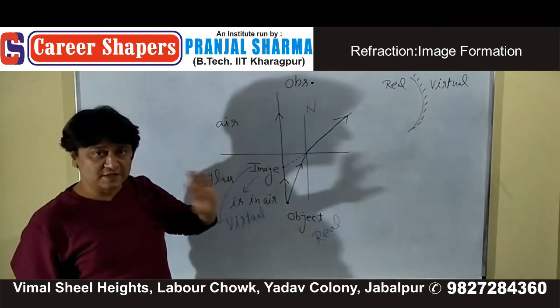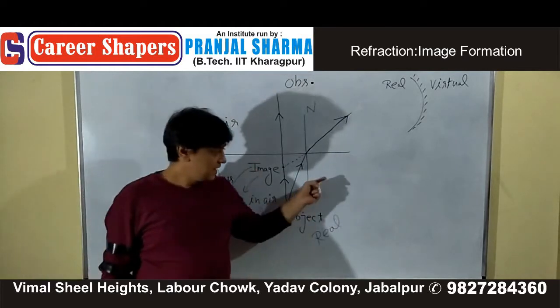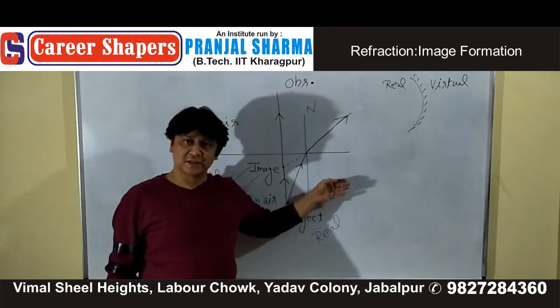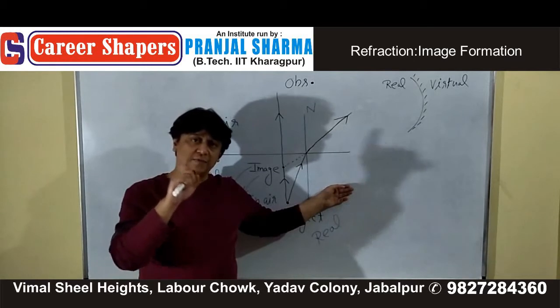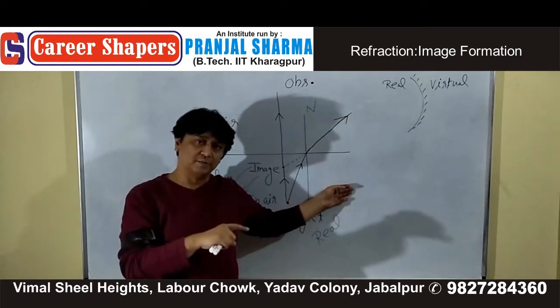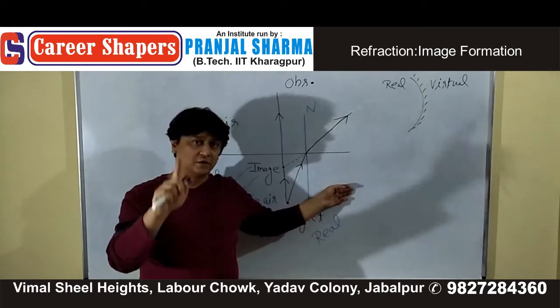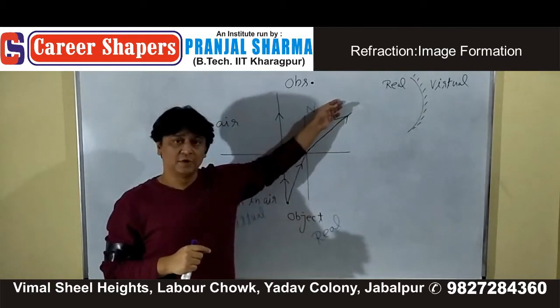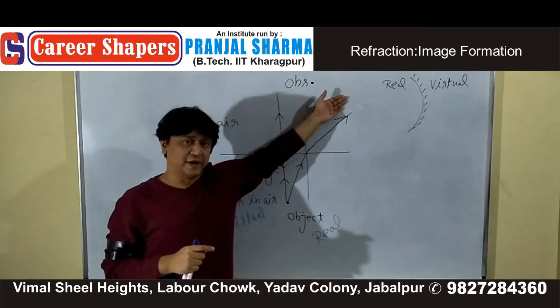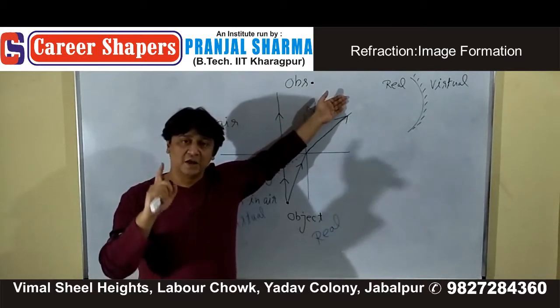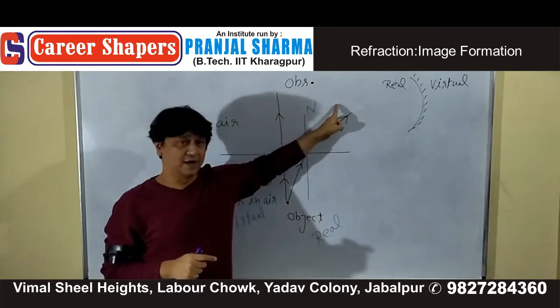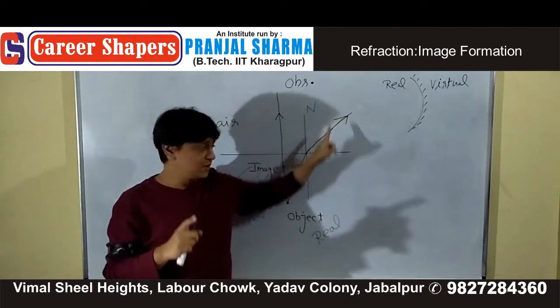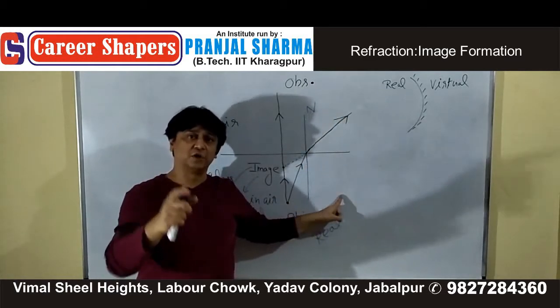And therefore we decide: if the intersection of incident rays is in this medium and that thing is also in this medium, then things are real. If the intersection takes place in this medium but that thing appears in this, you will say virtual.